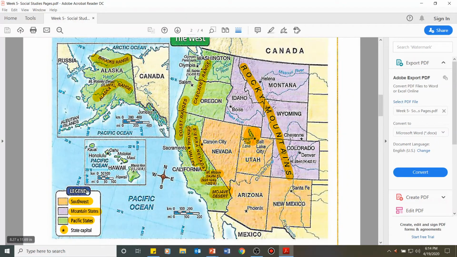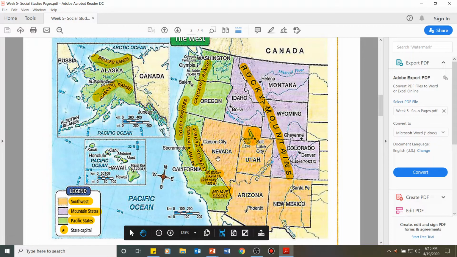Here we can see the legend. The Southwest is the peach color, somewhat like orange. Nevada, Utah, Arizona, and New Mexico are all Southwest states. Then we can see here the purple, the Mountain states: Montana, Idaho, Wyoming, and Colorado, named so because of the Rocky Mountains.